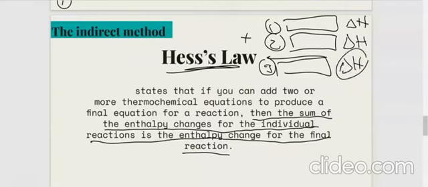So the delta H of the third or the new equation will be the sum of delta H1 plus delta H of the second reaction.